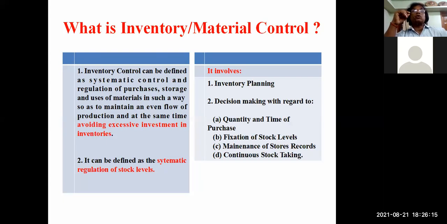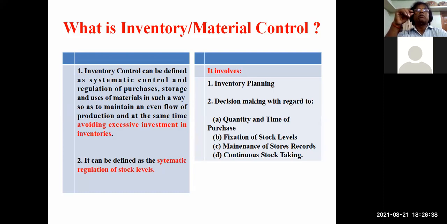So inventory control can be defined as systematic control and regulation of purchase, store, and uses of materials in such a way as to maintain even flow of production, at the same time avoiding excessive investment in inventories. Pause and write these things from my video.